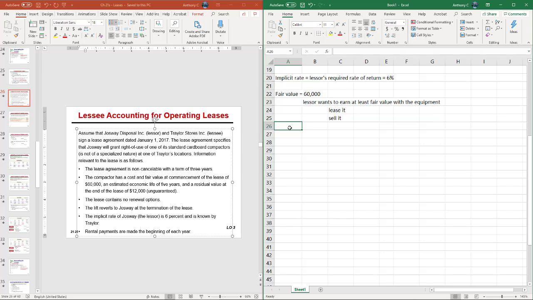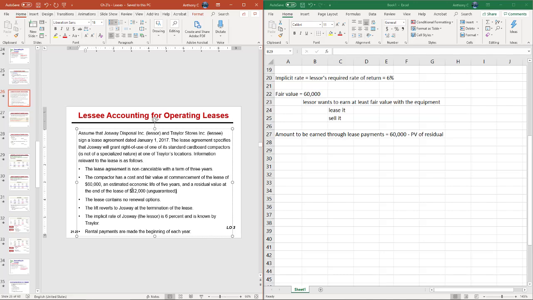So the amount the lessor has to earn through the lease payments will be the $60,000 fair value minus the present value of the residual value. The key word here is we need to take out the present value of the residual.